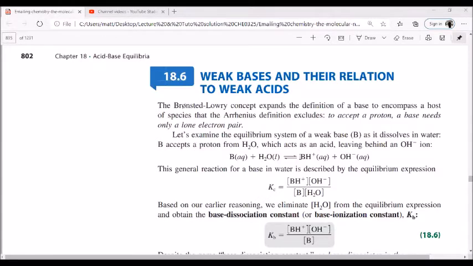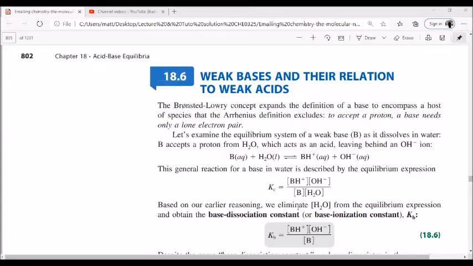Okay, so from here you can see hydroxide ion is produced. Therefore, the solution now becomes basic since hydroxide ion is produced. This reaction for a base is described by the equilibrium expression below. Kc equals the concentration of BH plus times the concentration of OH minus, divided by the concentration of B times the concentration of H2O.